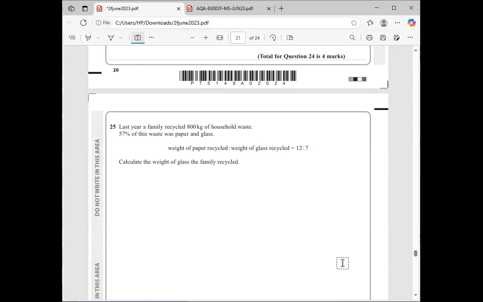Last year, a family recycled 800 kg of household waste. 57% of this waste was paper and glass. The ratio of the weight of paper recycled to the weight of glass recycled is 12:7. Calculate the weight of glass the family recycled. How would you solve this problem?